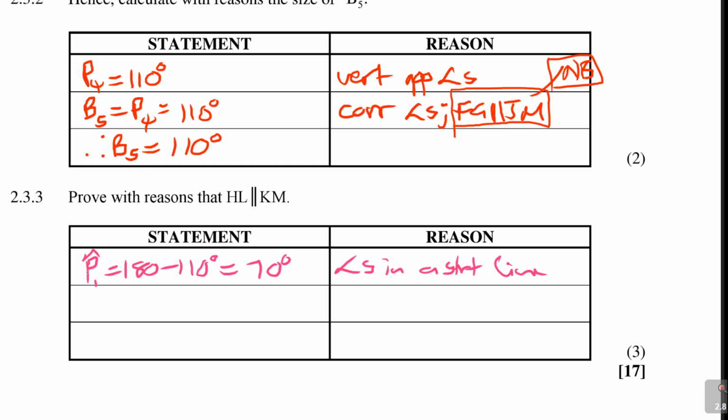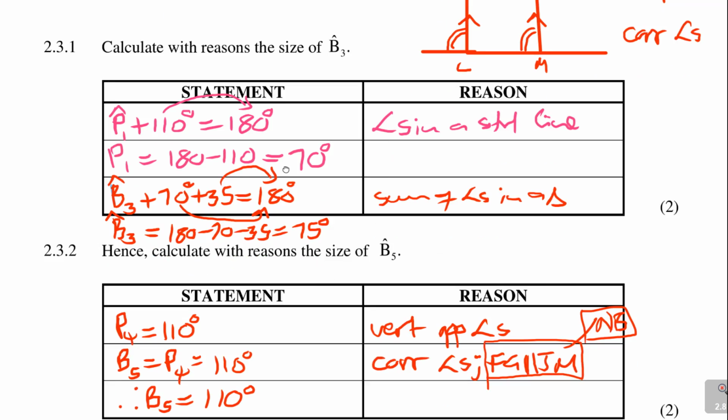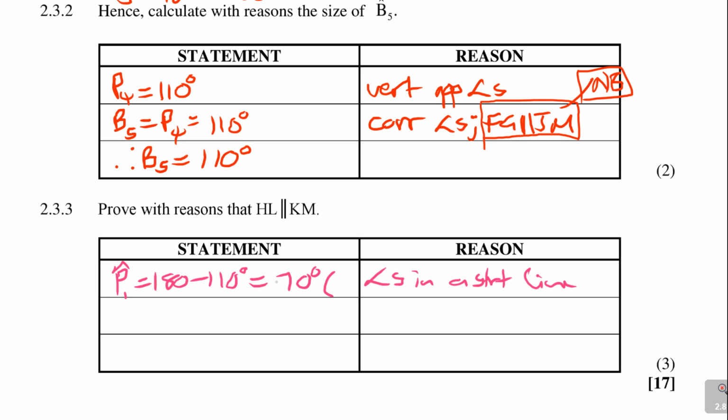Or you can say P1 is equal to 70 degrees, and then you mention question 2.3.1. Sometimes it's allowed. Here in the reasons you say 2.3.1. That can be another reason there. Are you getting that?